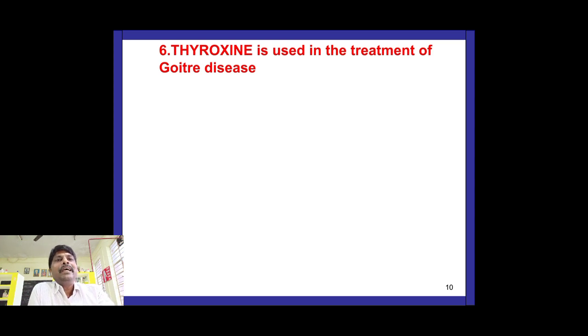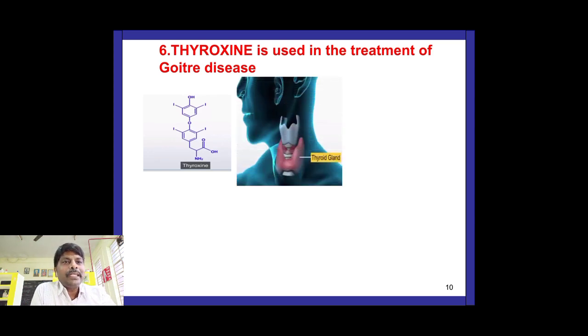Next one is thyroxine. Thyroxine is used in the treatment of goiter disease. You see this medicine structure, thyroxine. This structure contains 4 iodine atoms. So it is a thyroid gland, like a butterfly model.